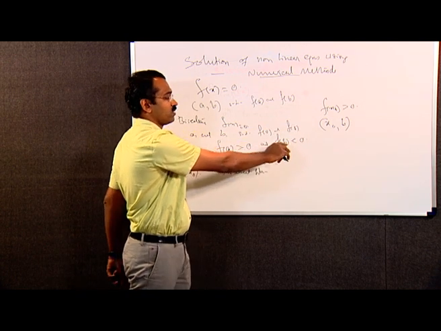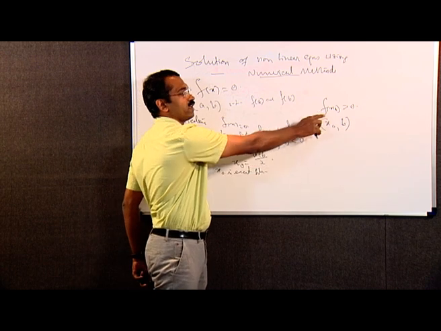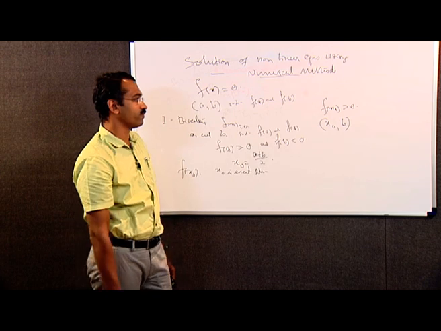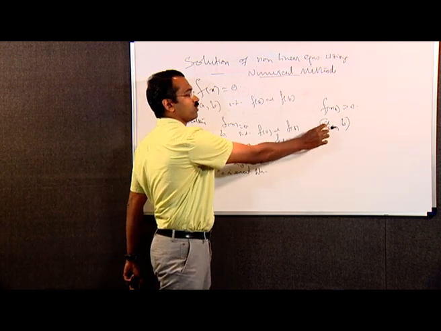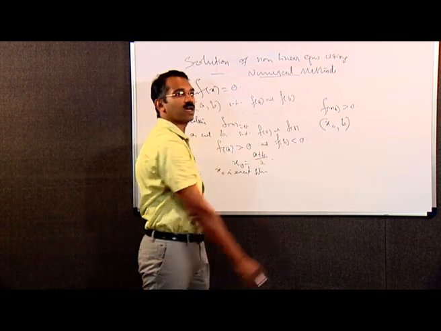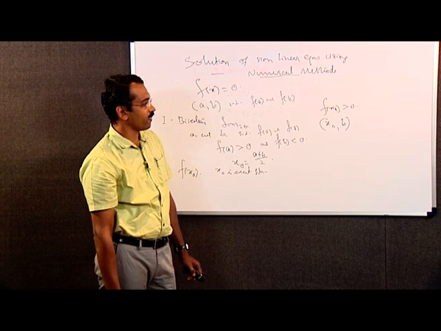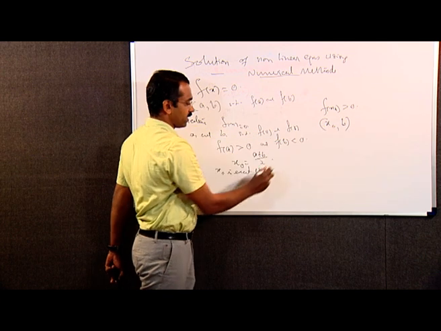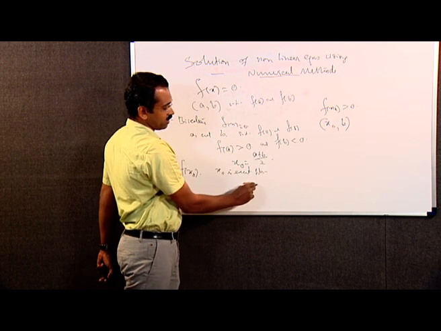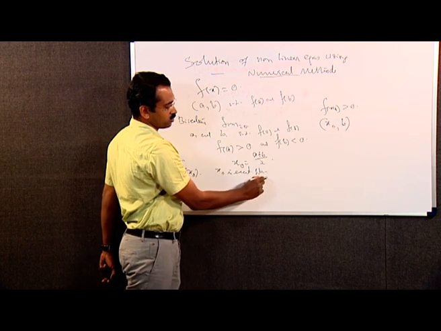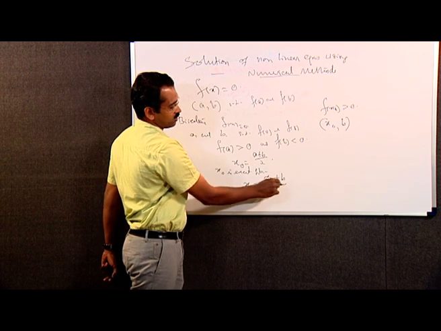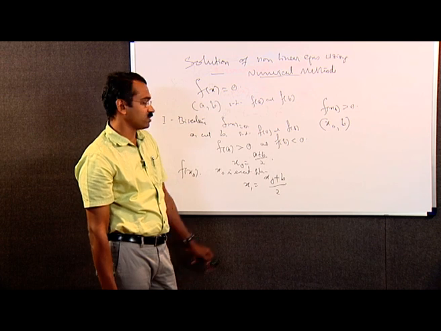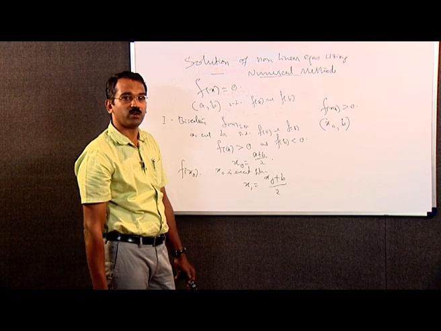That means f of b is negative and f of x naught is positive. Therefore, by the location theorem, there exists a root in between x naught and b. Now, we bisect this interval again, which may be taken as x 1, that is equal to x naught plus b divided by 2, which may be taken as the next approximate value of the exact root.